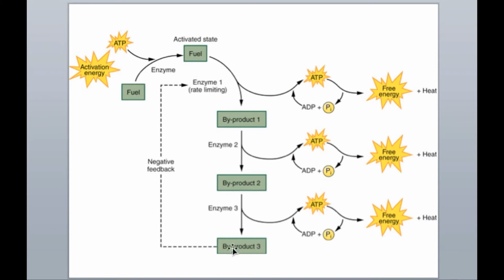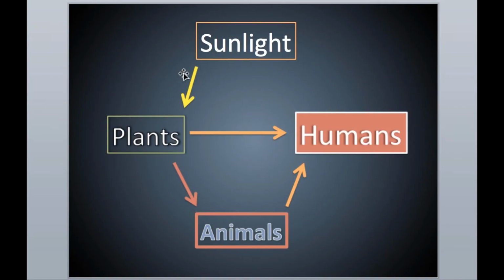So as this increases, the enzyme activity decreases, and that's what a negative feedback is. One is increasing, the other one is decreasing. If there's not a lot of the end product there and we need it, so there's a decrease in it, it will increase the enzyme activity.